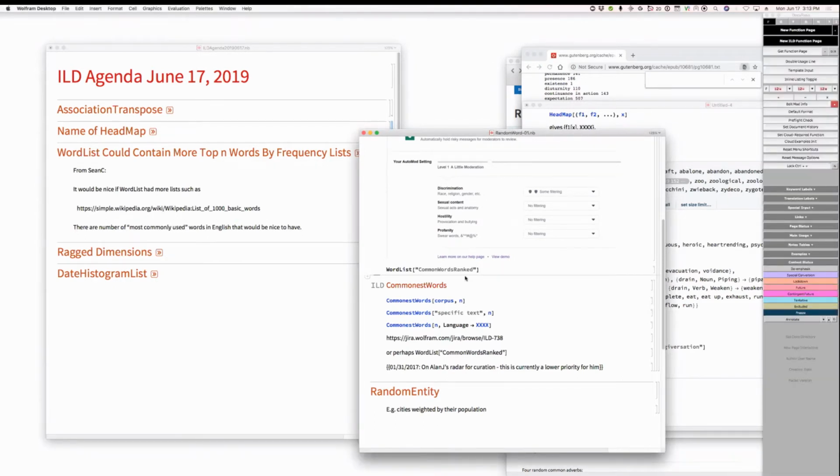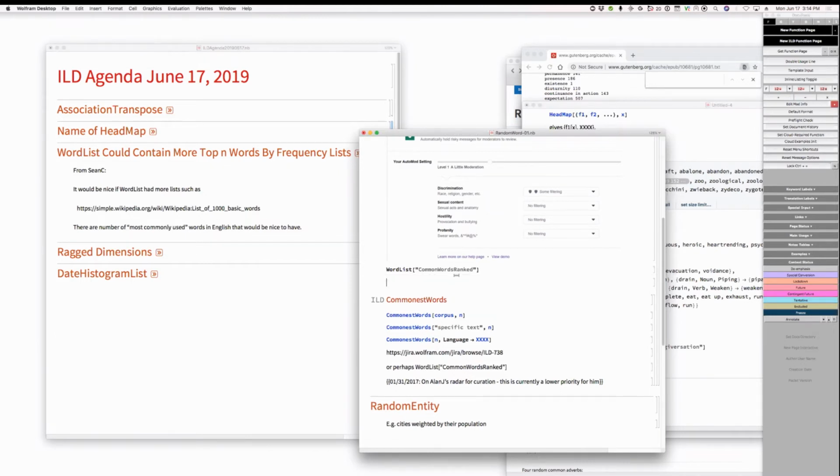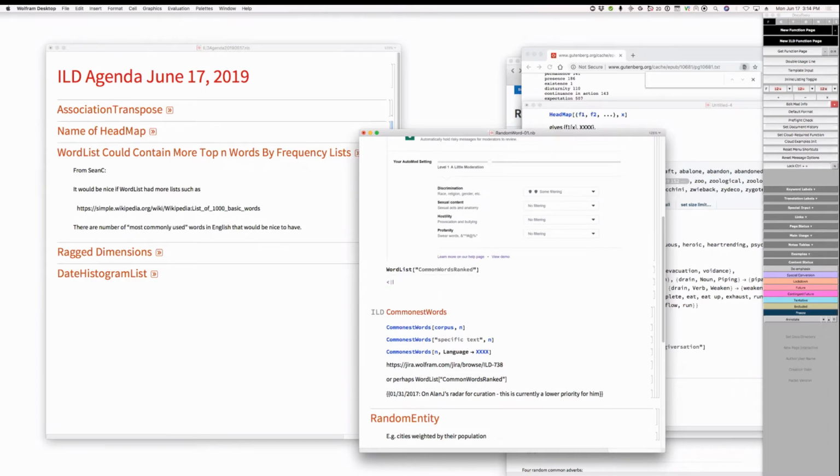Do we want to include, I mean, under the hood, we can certainly include the frequencies also, which gives us the ability to do weighting in random word, but do we want an exposed version? Common words ranked with frequency is kind of long. Well, yeah, but the question is, what does it return? What it really should return would be an association of the type that would be used by a random choice, right?